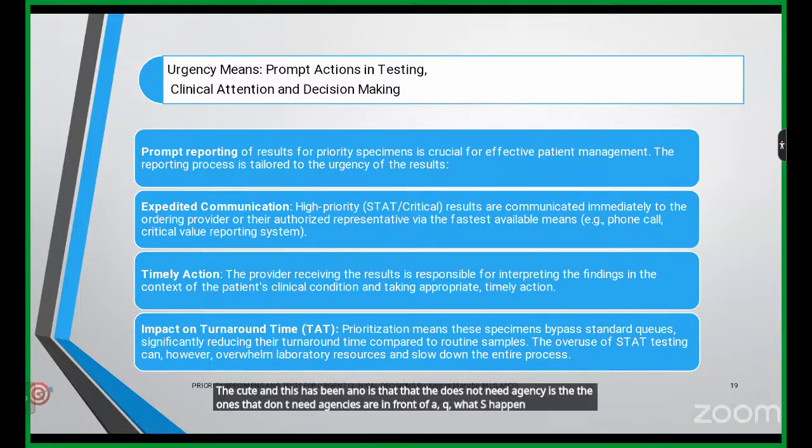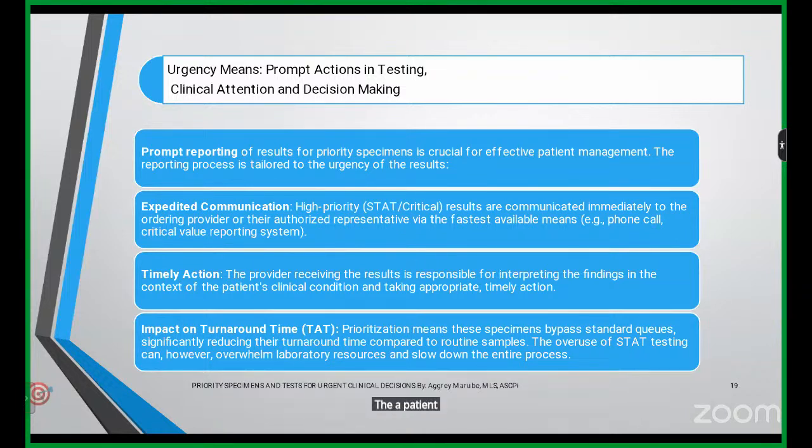What happens? The patient who is maybe very okay, and for him or her, maybe they need to be dispensed with very fast for them to go to their own errands.